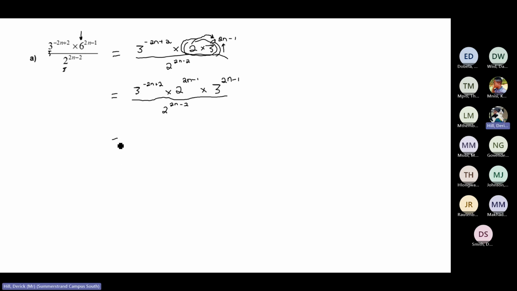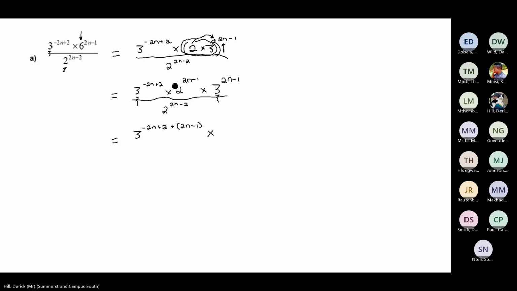Now we can use a different exponential law that says if the exponent has the same base, like so, we've got a 3 to the power of something and a 3 to the power of something, I can add those exponents together. So over here, I'm going to keep my minus 2n plus 2, and I'm going to add my 2n minus 1.